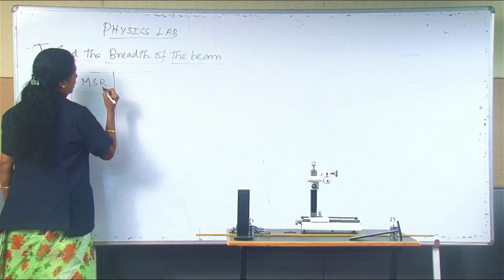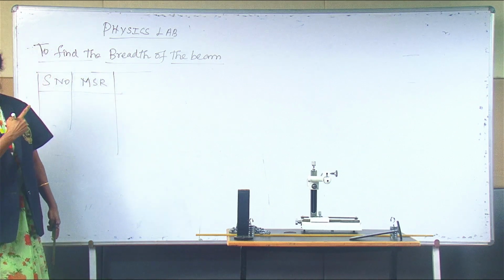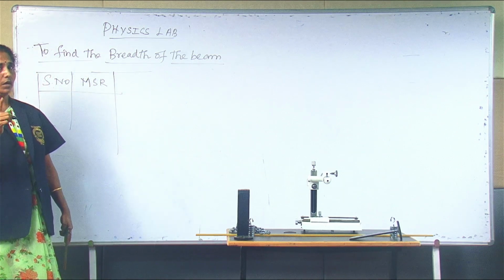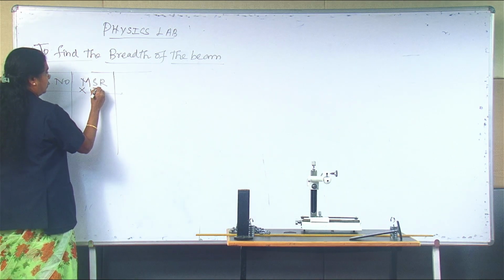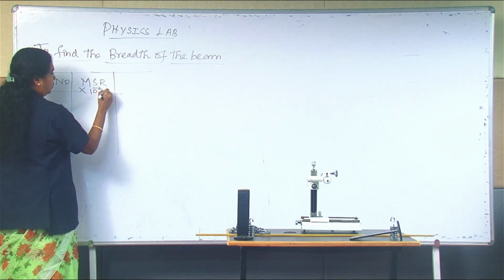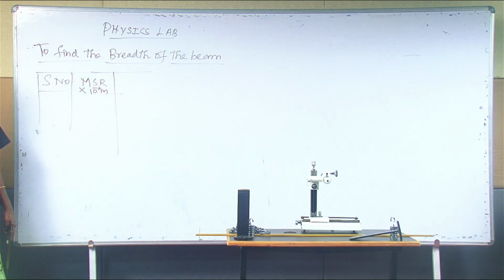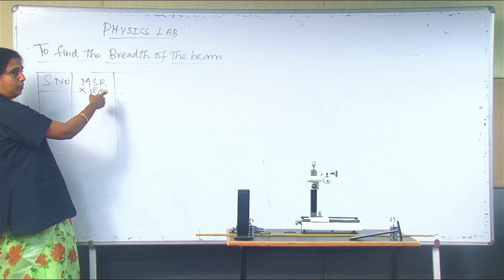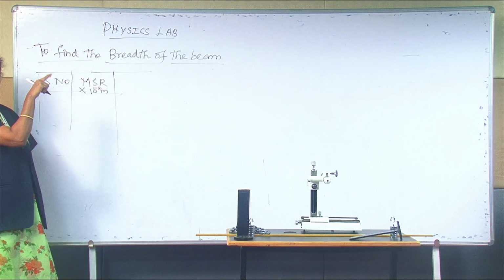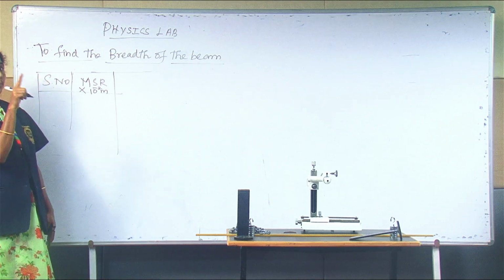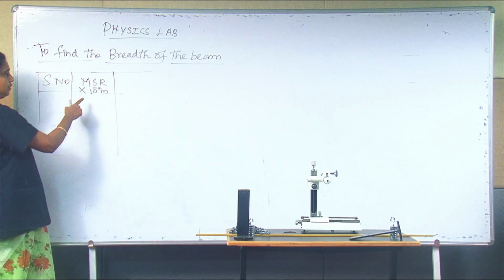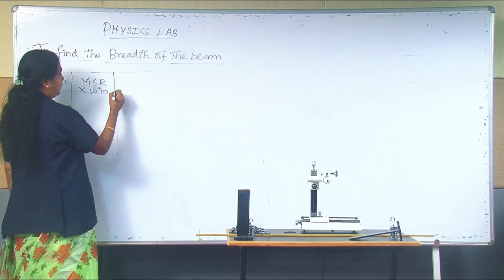And what is the least count for this vernier caliper? It is 0.01 centimeter. So centimeter to meter conversion means you should put 10 power minus 2 meter. But in the previous case I put 10 power minus 3 because the least count was 0.01 millimeter, and millimeter to meter conversion is 10 power minus 3. Here it is 10 power minus 2.